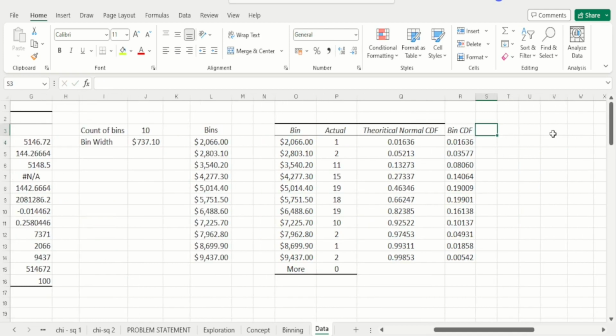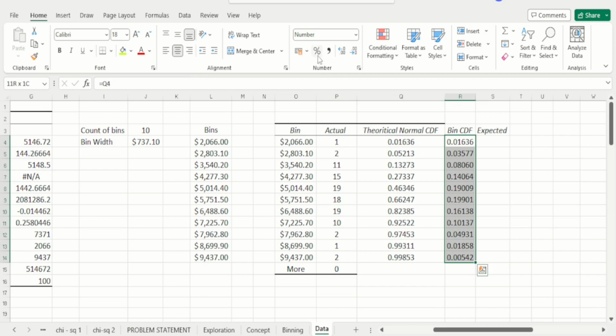So now that we have calculated the bin CDF, what we have to get is the expected frequency, right? Remember, this is the actual frequency that we had just calculated using the data analysis histogram option for binning, right? But what we now need is the expected frequency. What do we mean by the expected? Remember that this is the percentage.